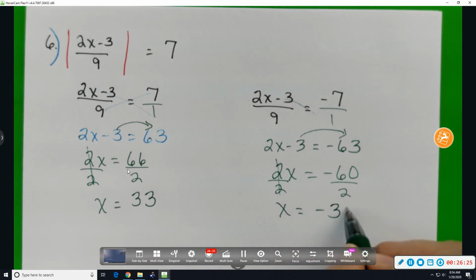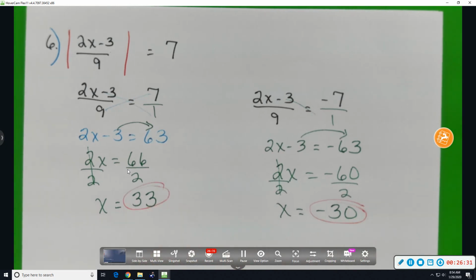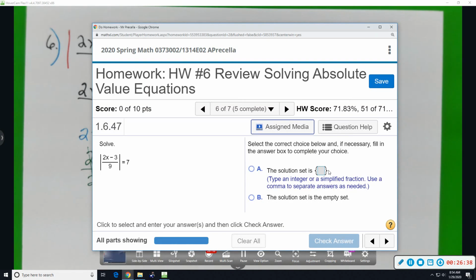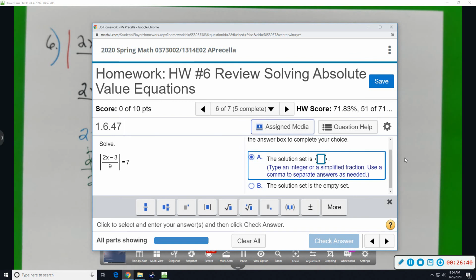Negative 30? Is that what y'all got? So we have a negative 30 and a 33. Negative 30 and 33. Doesn't matter which one you list first. And 33. Okay.